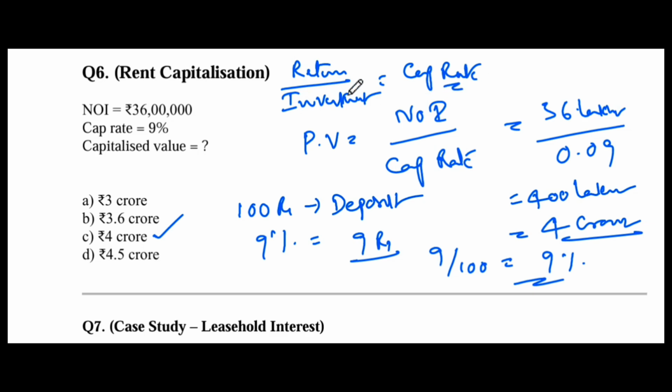The capitalization rate is the percentage of the return out of the investment you put. So for the property value, the capitalization rate is the return percentage out of the investment.